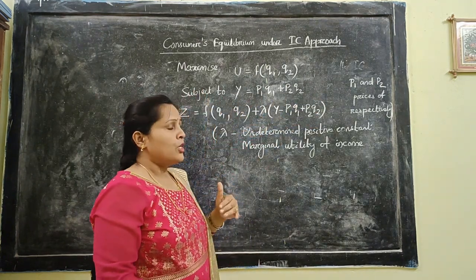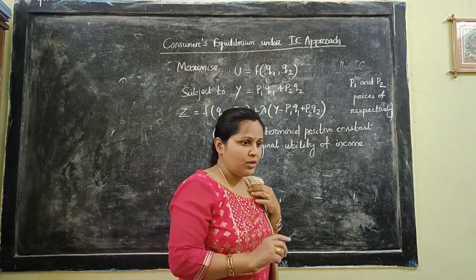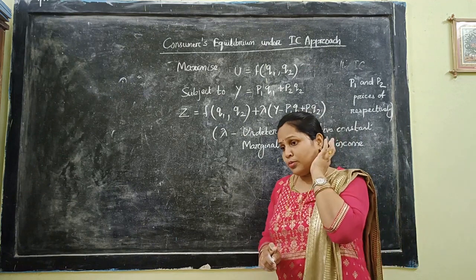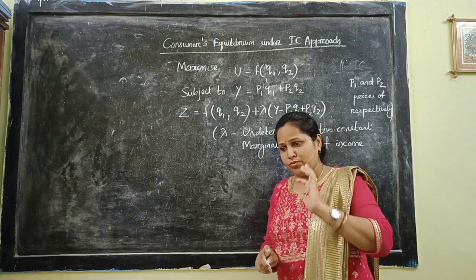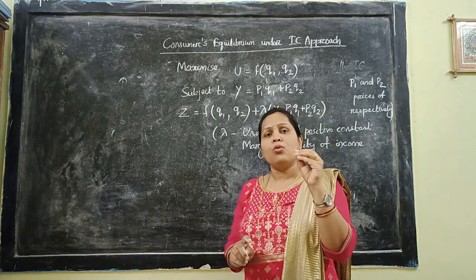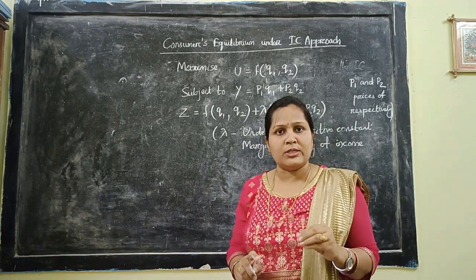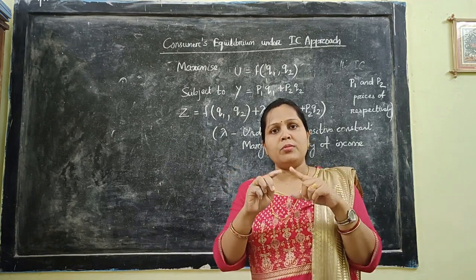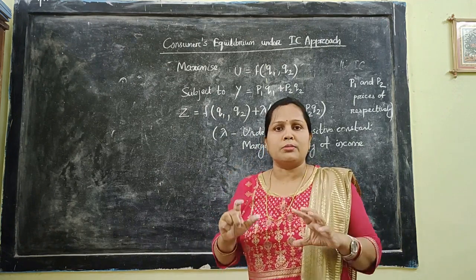Then after this, to know about the stationary points, if you know the problems of optimization, when we optimize something, first we have to see what are the stationary points where the optimum combinations are possible.